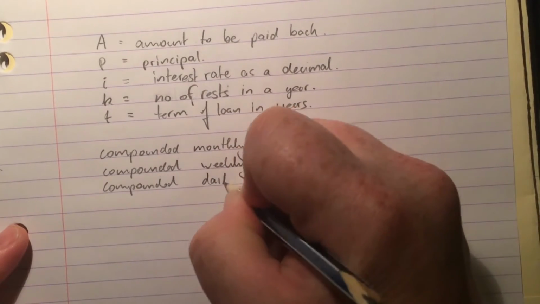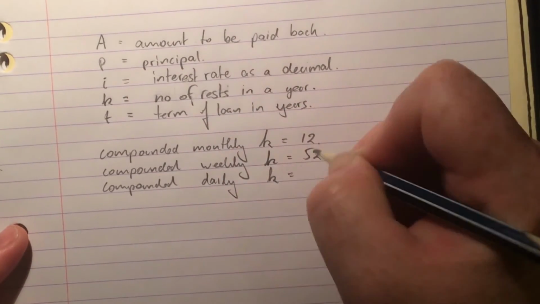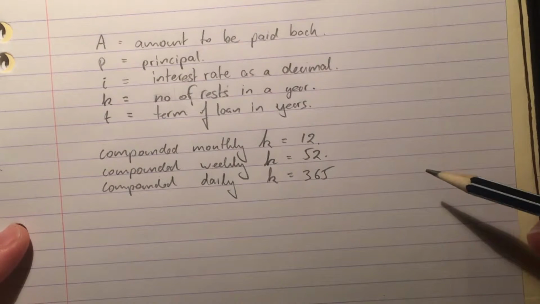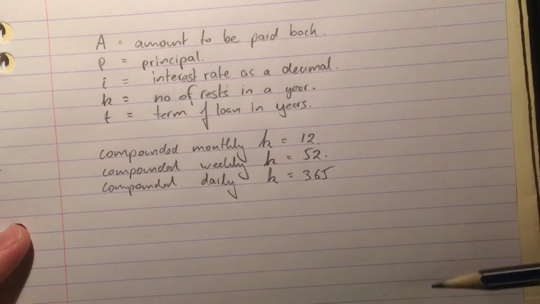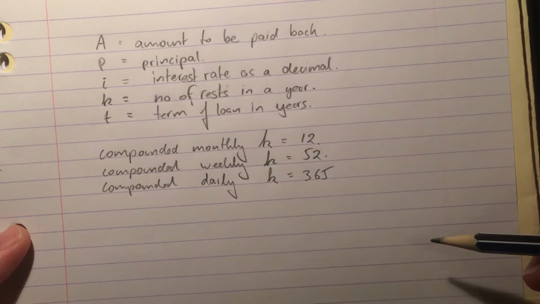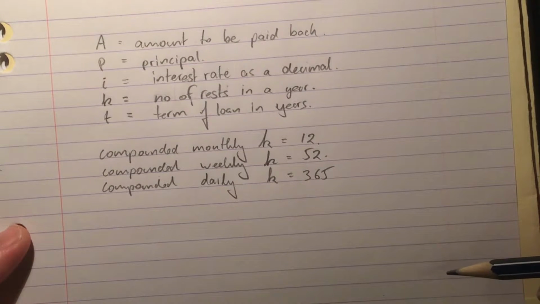Compounded daily, K would be 365, and so on. We could have a loan or an investment that was compounded biannually, so every half year, or quarterly.